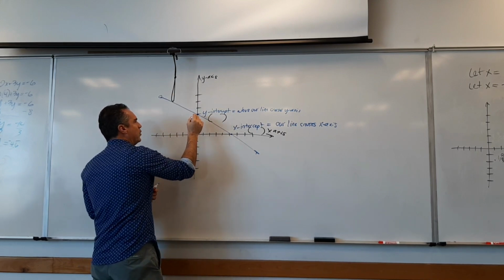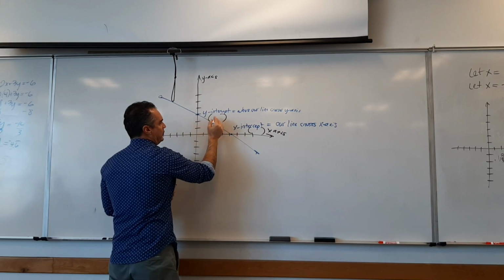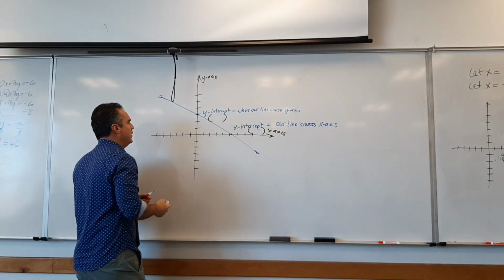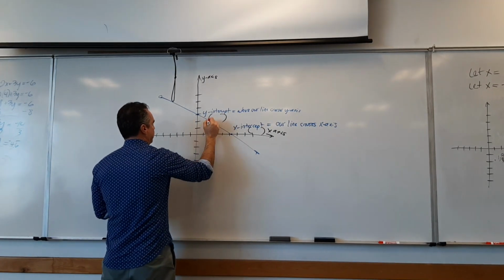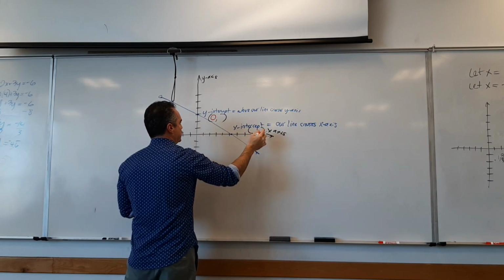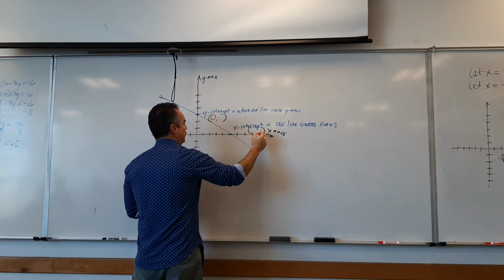So no matter what my line is, one of these numbers is always what? Zero. Which one? X is zero. And over here, which one is always zero? Y is always zero.